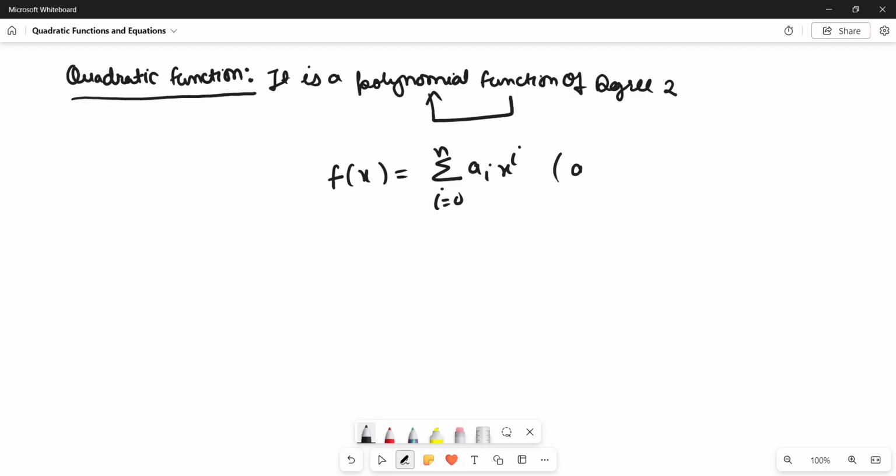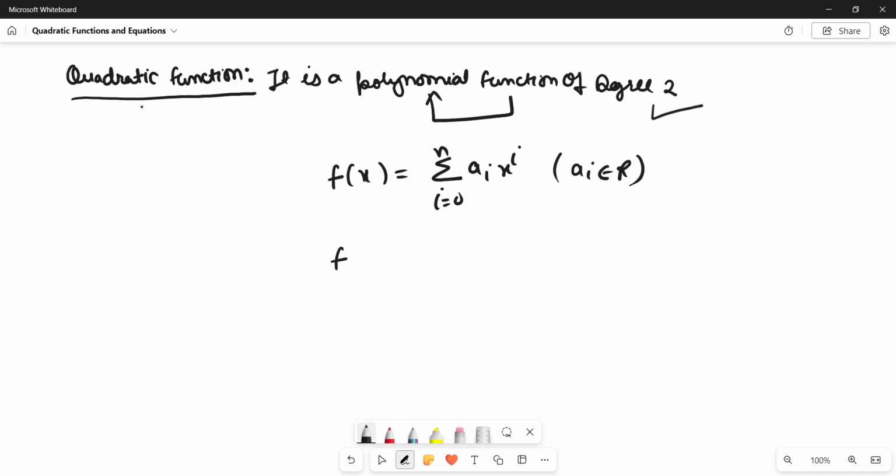Here a_i always belongs to R. So we are saying that quadratic function is nothing but a polynomial function of degree 2. Here degree refers to the value of n.